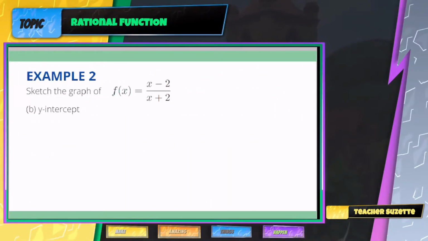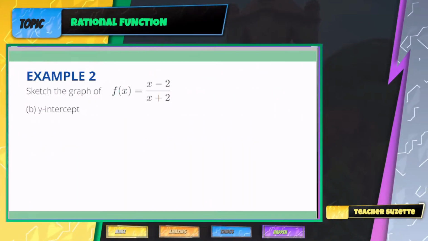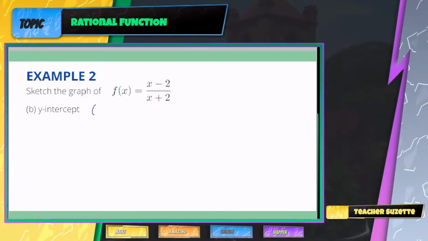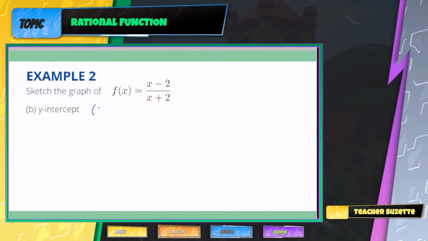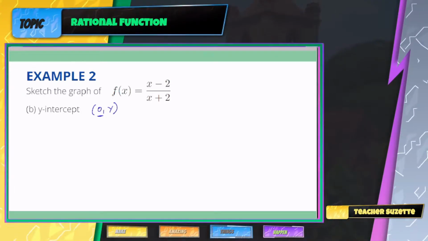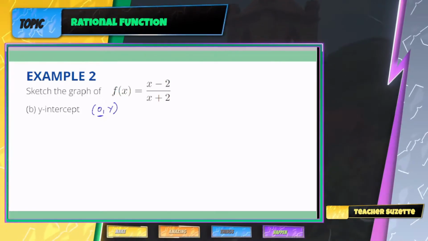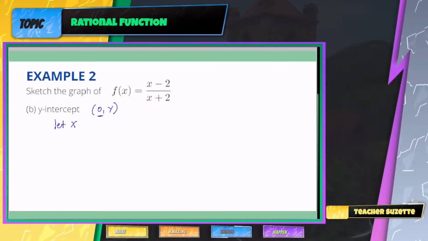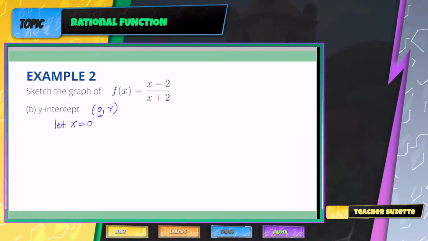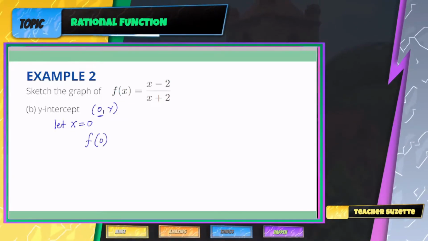Next, how about the y-intercept? When you say y-intercept, that is a point which is (0, y). So obviously your x is 0, so you let x be equal to 0 and just evaluate your function at 0.